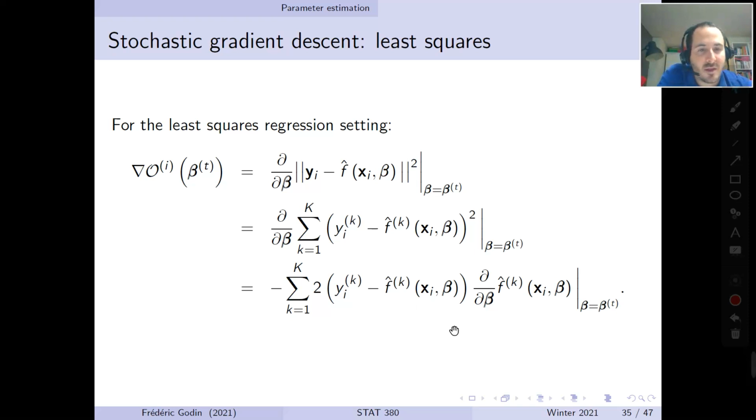So the only thing unknown to this point is this vector of partial derivatives of predictions with respect to parameters. But these other quantities, we know them. If we know these, we would be able to know the gradient for the ith component of the objective function.